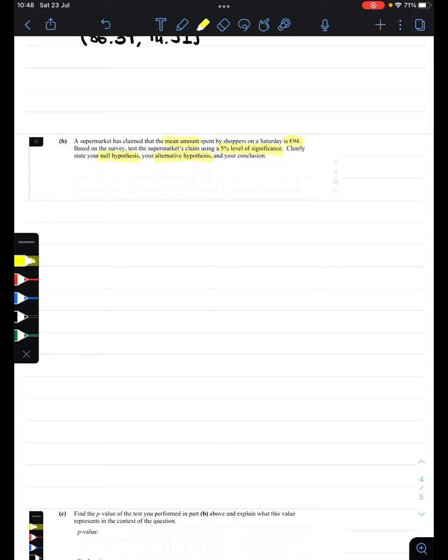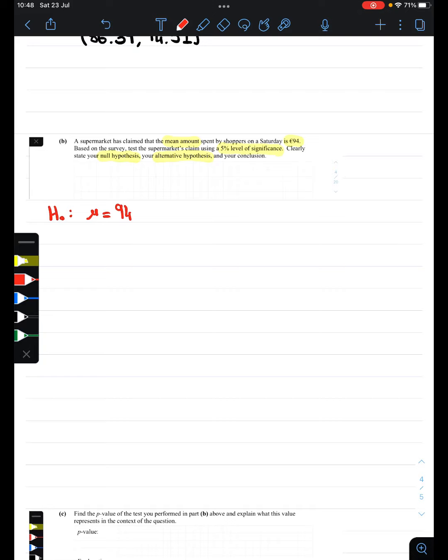All right, so let's just state our null hypothesis. So, the null hypothesis is always that the claim is true. The null hypothesis is that the true mean is 94.